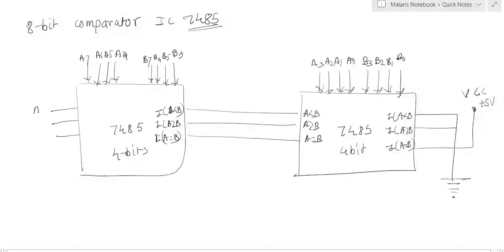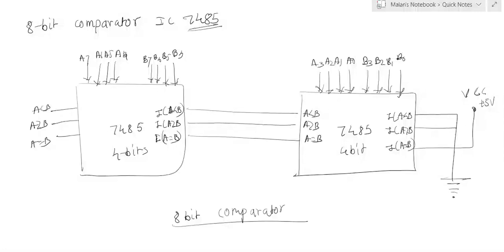Clear how to implement the 8-bit comparator by using two 7485s? Yes, all of you clear? Now similarly, if I say implement a 12-bit comparator by using IC 7485, what will you do?